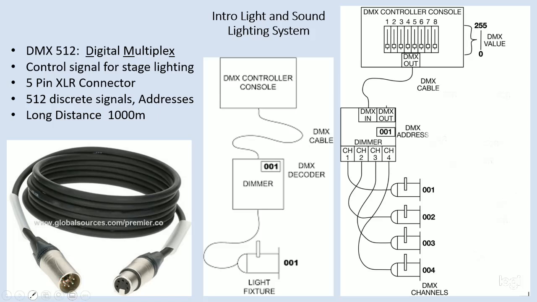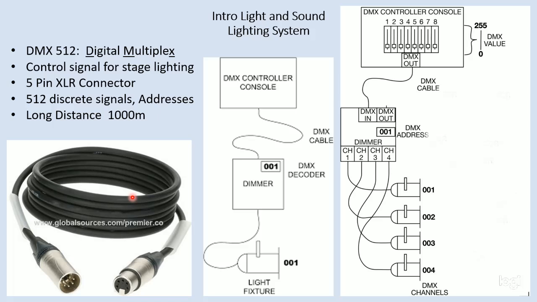DMX cable has 5 pins and it's in an XLR connector shell, right? So DMX 512 has 5 pins, XLR. The 512 stands for the fact that it can carry 512 discrete signals on this one piece of wire. It is a digital communication protocol, and it can run a really, really long way, 1,000 meters.